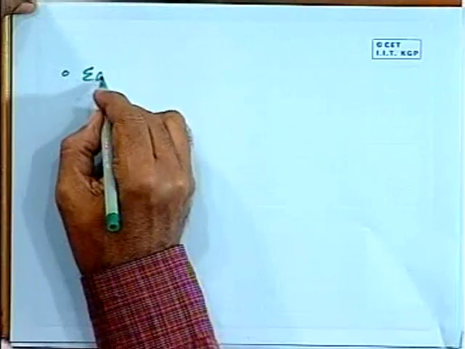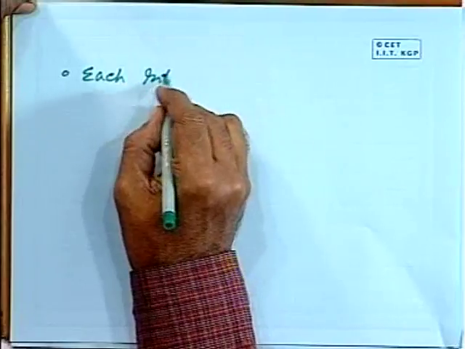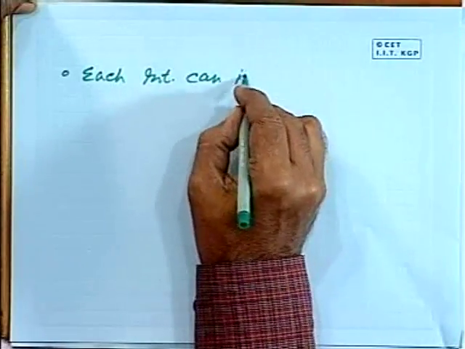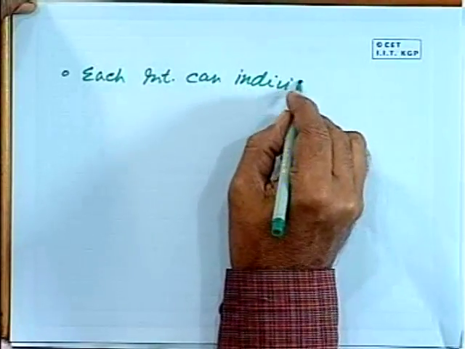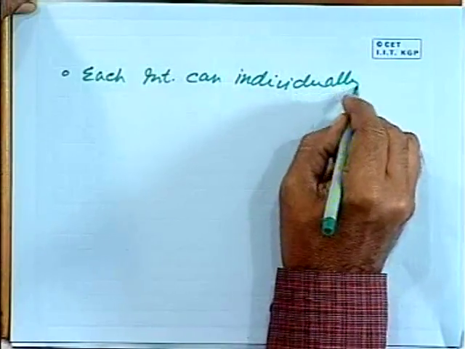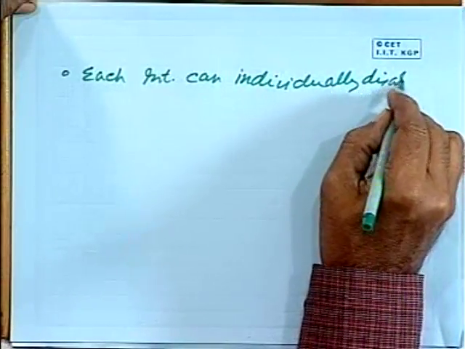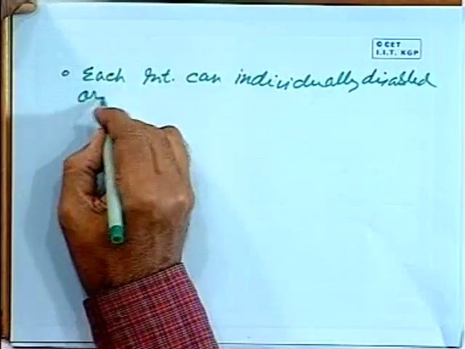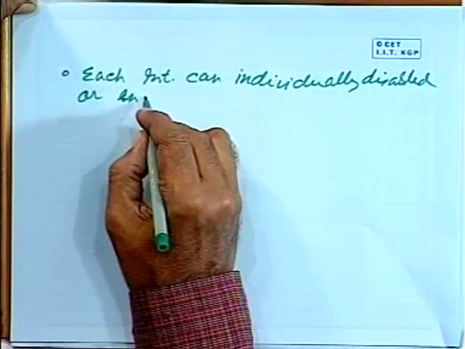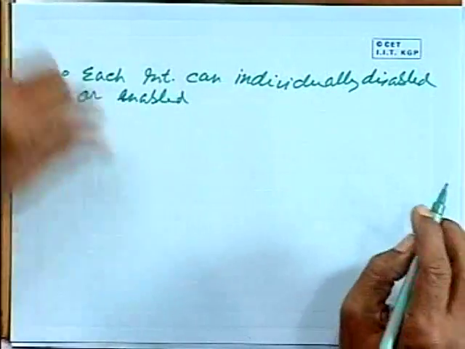Now let us see, apart from this interrupt, as I said, each interrupt can be individually disabled or enabled. How can they be disabled or enabled?